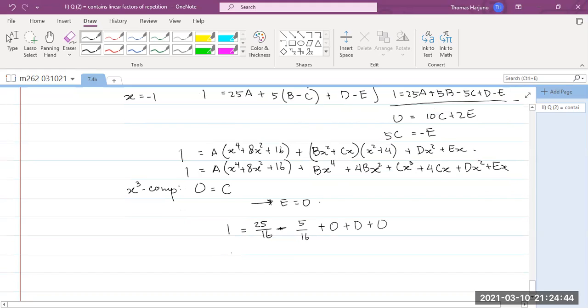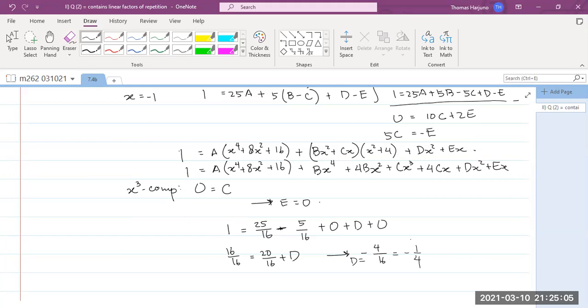So 16 over 16 equals 20 over 16 plus d. So d must be negative 4 over 16, or simply negative 1/4. Oh, I don't like that.